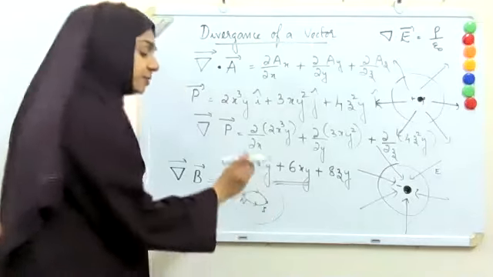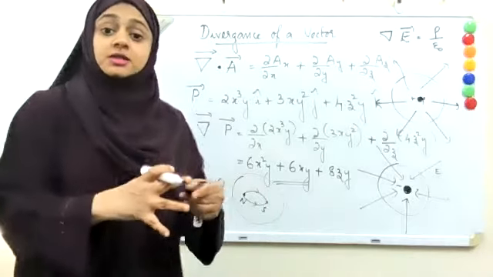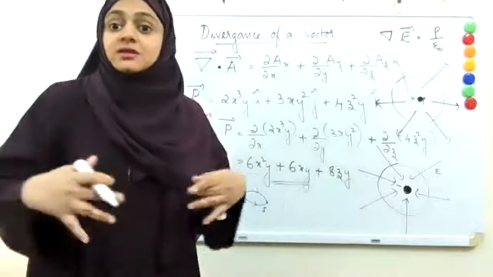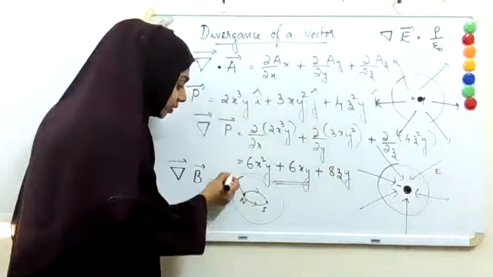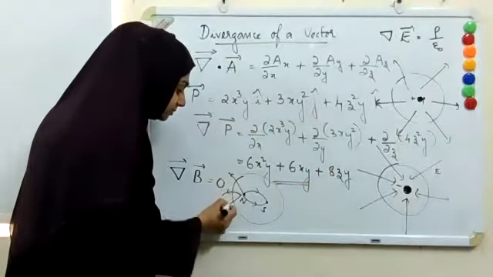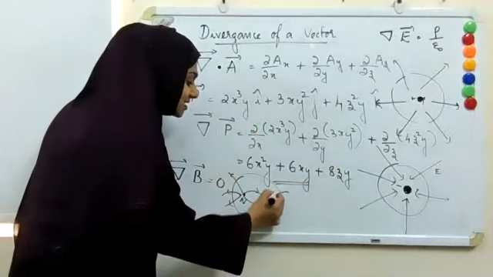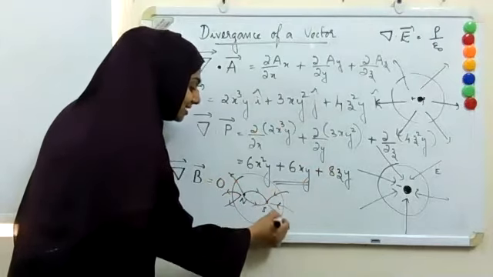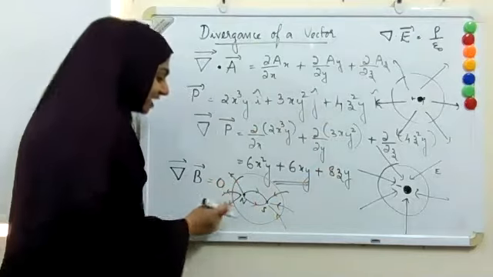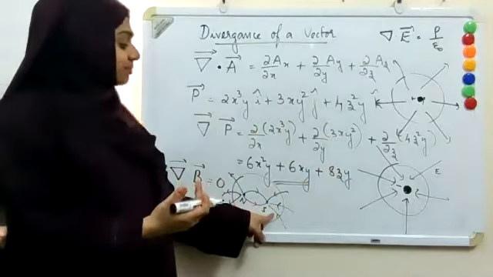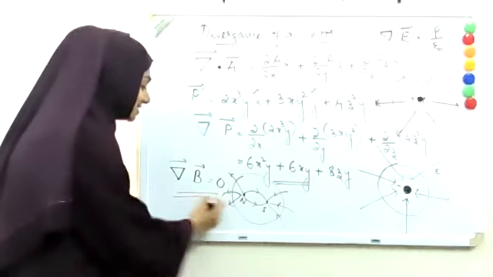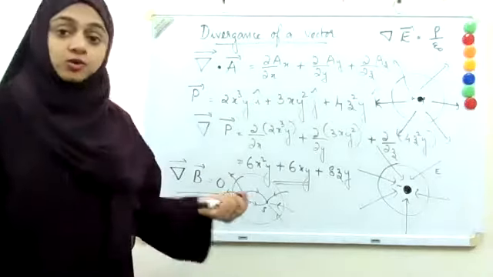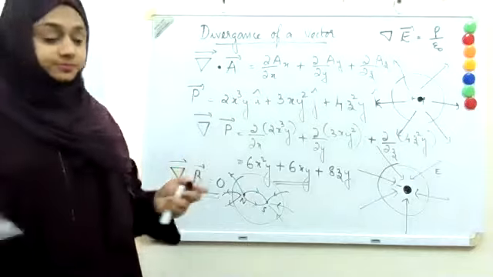If I have a piece of magnet, nothing is coming out overall. Maybe from the north pole there will be something going out, but at the south, something is going in. So the number of field lines going out is equal to the number of field lines getting in. So the overall divergence, the going out or coming in, is zero.